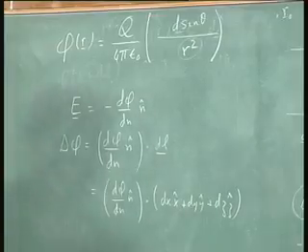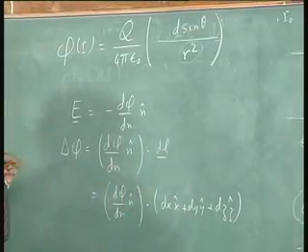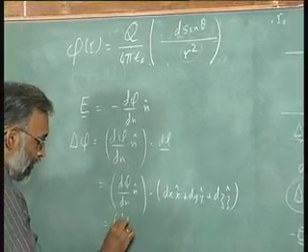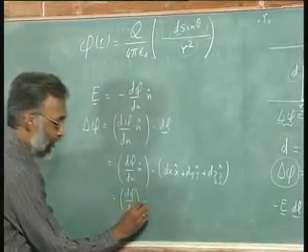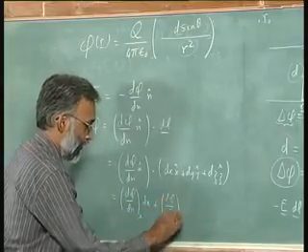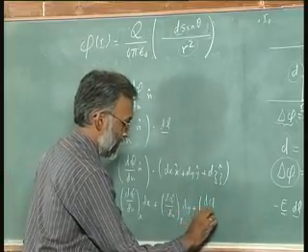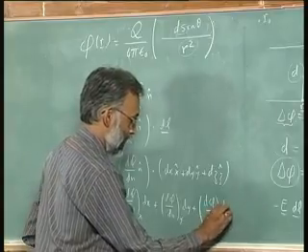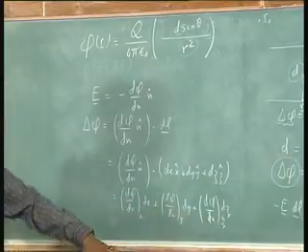So, this quantity has an x component, it has a y component and a z component. So, it is equal to d phi dn along x dx plus d phi dn along y dy plus d phi dn along z dz. The component along x, the component along y, the component along z.